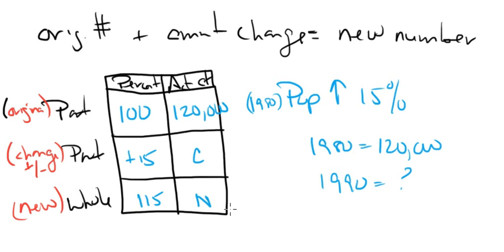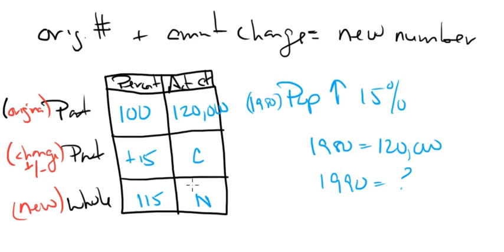Okay, so we've gathered the information that we know. We know we started with 100%. We know we started with 120,000 people, and we know we had a 15% increase. But the question is, what was the population in 1990?